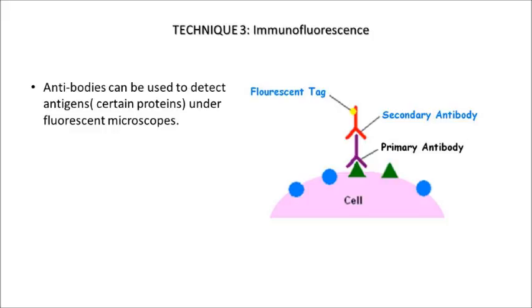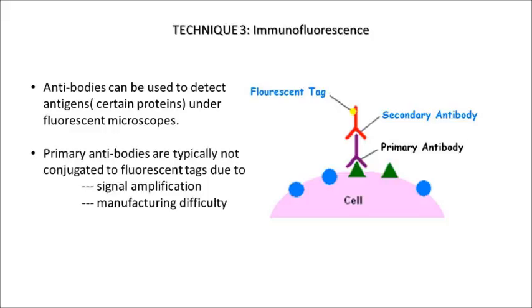Moving on to immunofluorescence. I'm not really going to go into detail on immunoblotting because I feel like it's covered in both immunofluorescence and immunoprecipitation. Basically, for immunoblotting, you're transferring the proteins on the SDS page gel onto a nitrocellulose support.